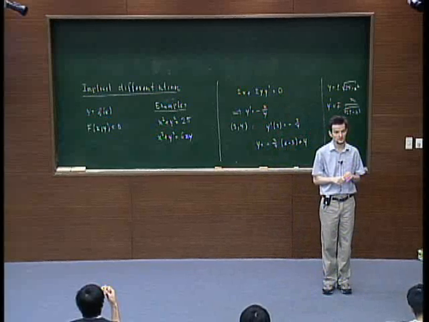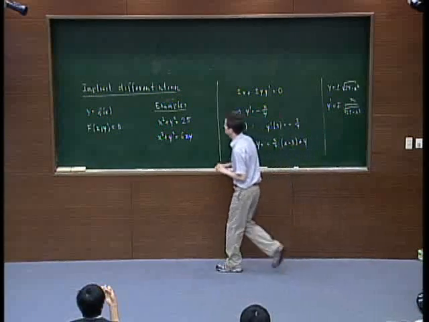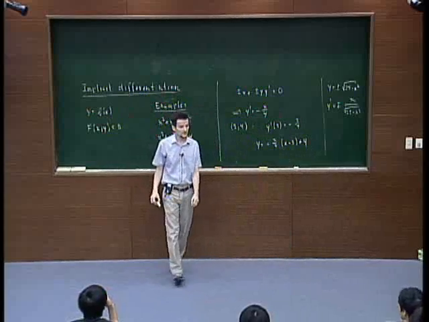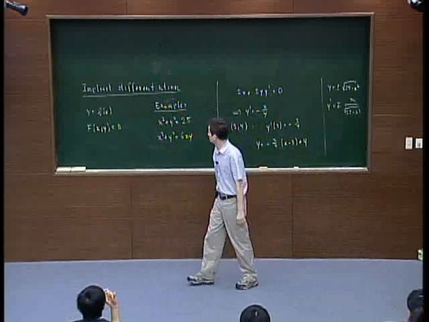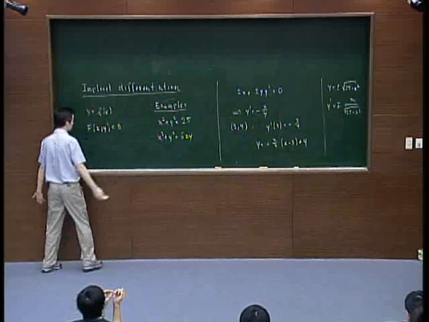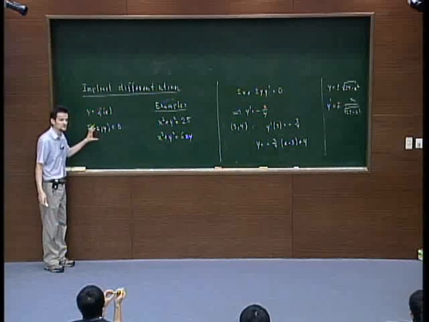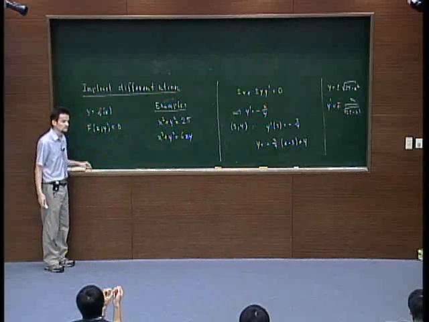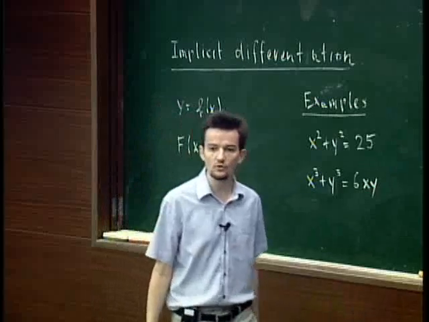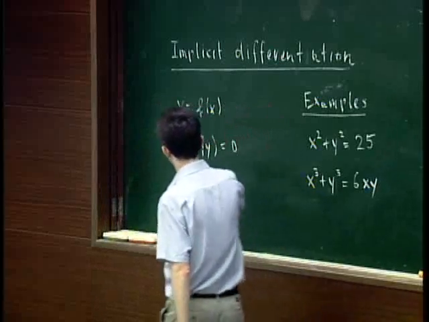Now, actually, this method of course needs some assumptions, whenever you use it with such an equation. What you need to know is that you can really solve for y.